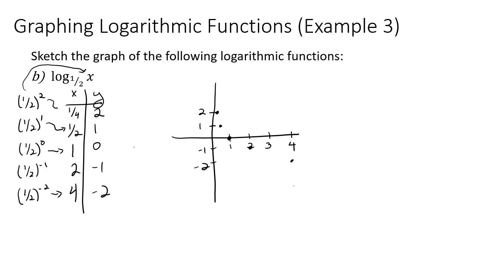And so the shape of the graph that we get this time around looks something like this. This is actually pretty much the same graph we had before, just reflected vertically. Previously we had a graph that looked like this.